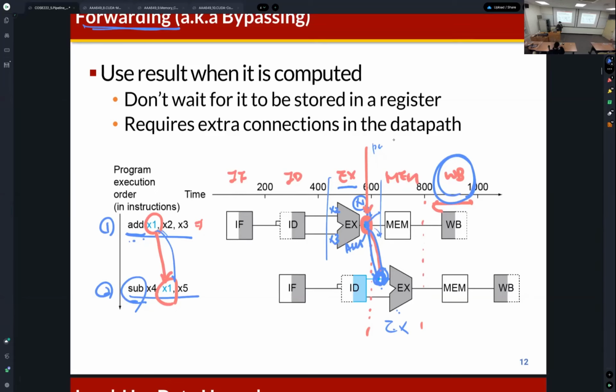This technique is called data forwarding. So if we compare when the data is generated and when the data is required, then we can apply the data forwarding.